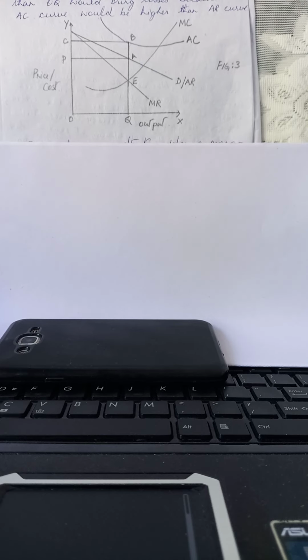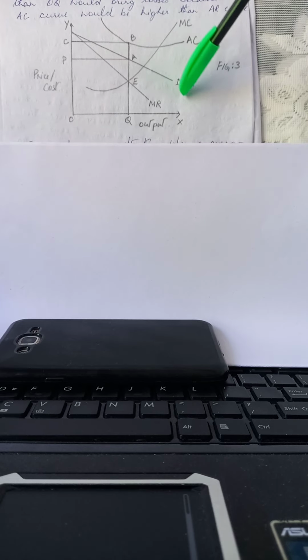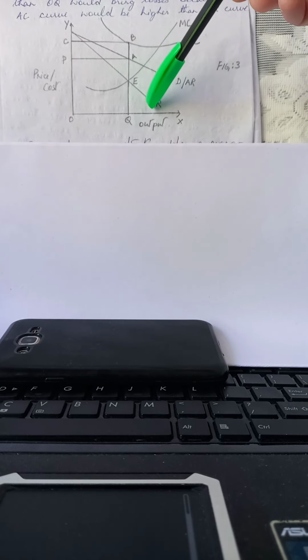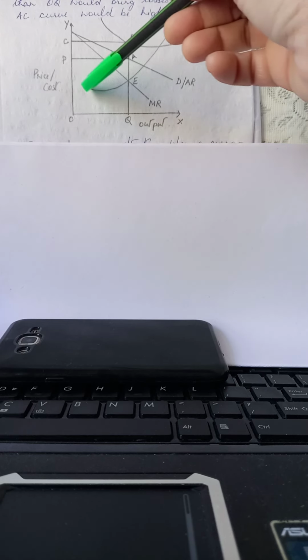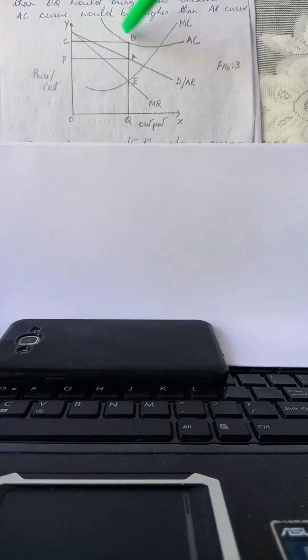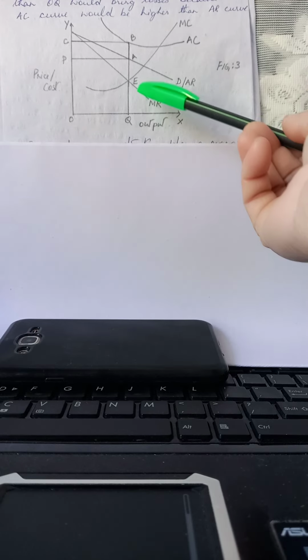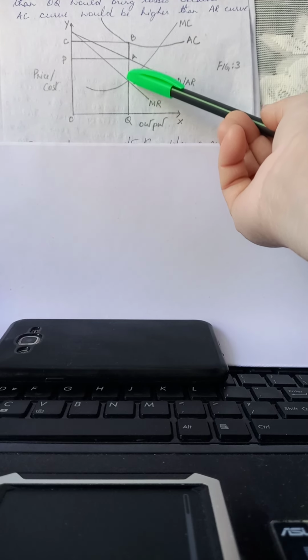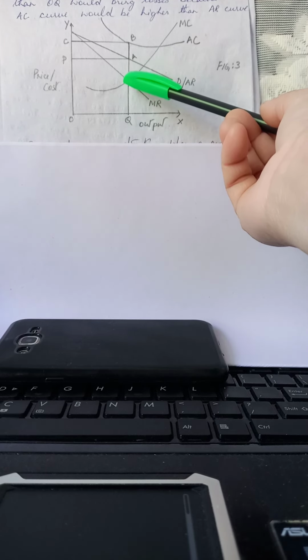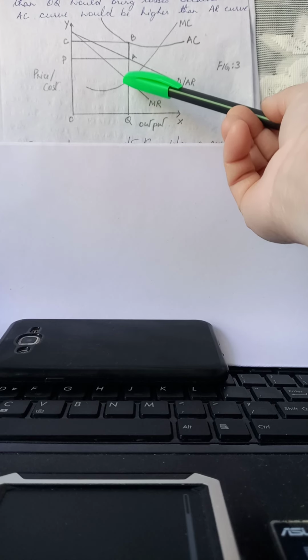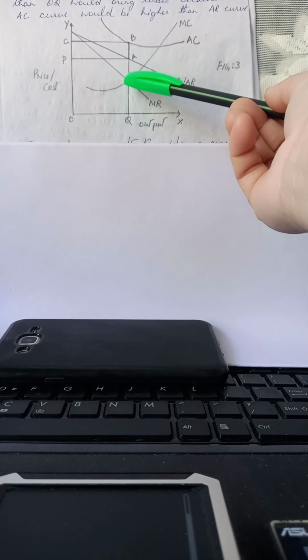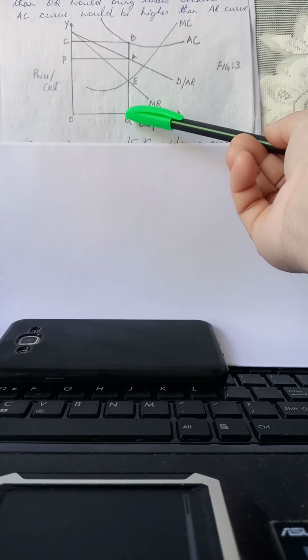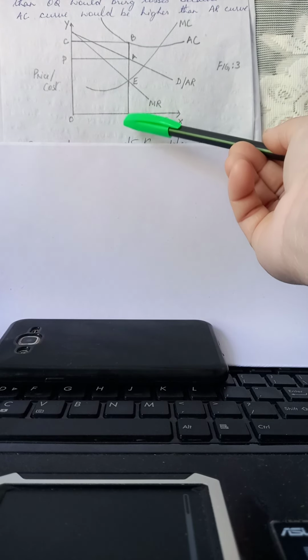Again, as usual, the downward sloping curves, the AR curve and the MR curve, are both downward sloping. We have the MC curve and the AC curve, which are U-shaped. The point of equality between MC and MR occurs at point E. From the point of equality between MC and MR, we extend perpendiculars towards the output axis, giving us OQ as the output.